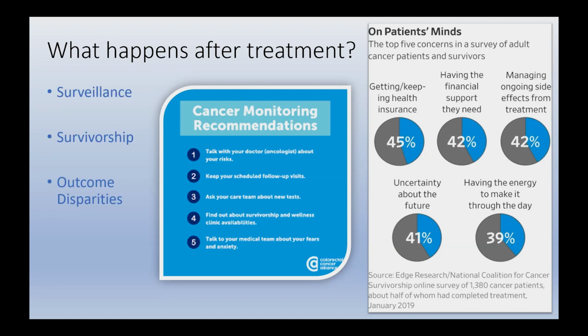The first step is surveillance, whose goal is to improve disease-free and overall survival. On average, surveillance period after many different types of cancers is around 5 years. At that 5-year mark, on average, the doctor may say you are cured. And I say on average because it may be different for different types of cancer.